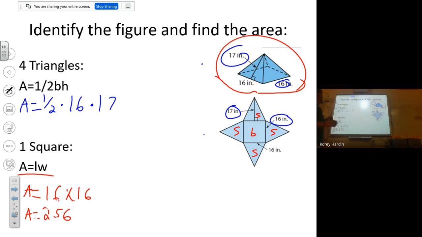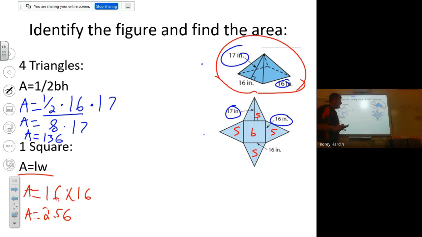Now, I calculate the area here first. So I've got area equals 1/2 of 16 times 17. So A equals 1/2 of 16, which is 8 times 17. So I go 8 times 17 in the calculator. And I get A equals 136.